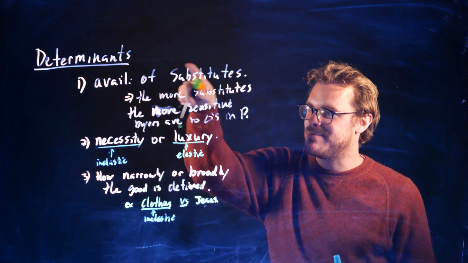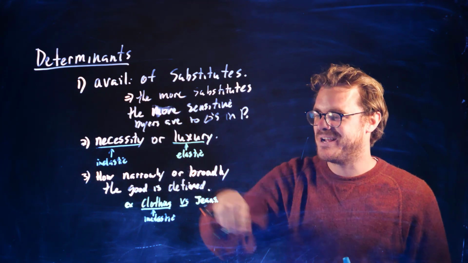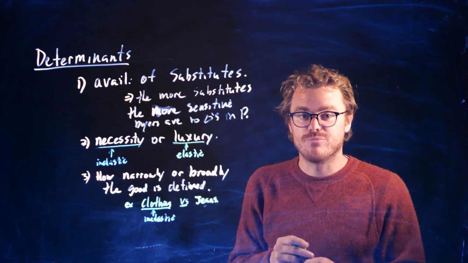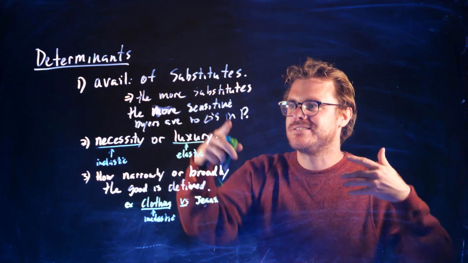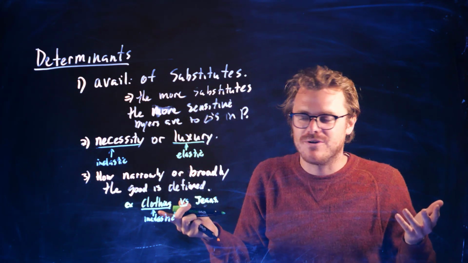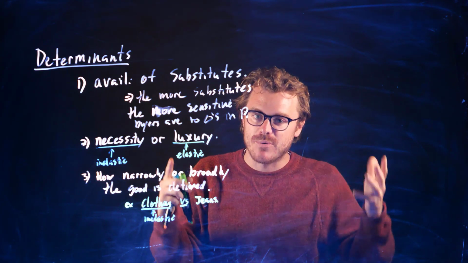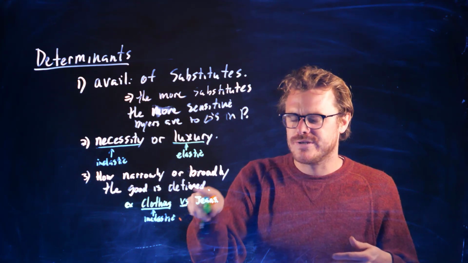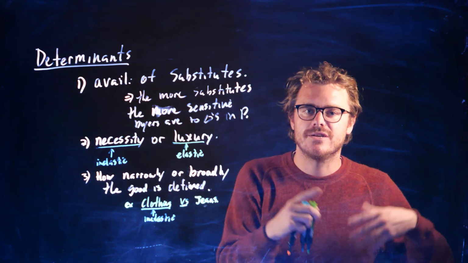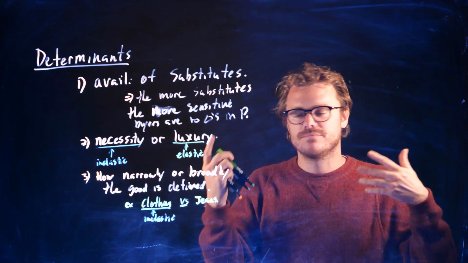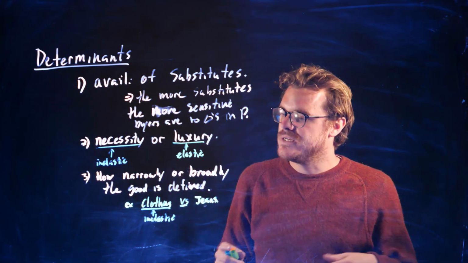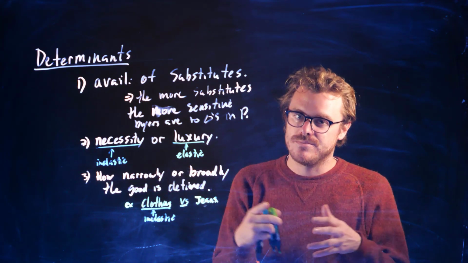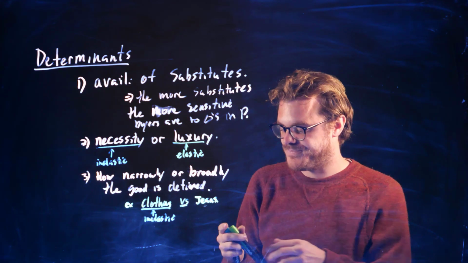This maybe gets to necessities again, but if we've defined something very broadly, it's going to mean there's fewer substitutes for that good, just because of how we've defined it. There's not many substitutes for clothing, but there's probably many substitutes for jeans. There's lots of different kinds of pants that you could wear, or skirts or dresses or whatever. So how narrowly or broadly we define the good is going to contribute to the elasticity of that good.